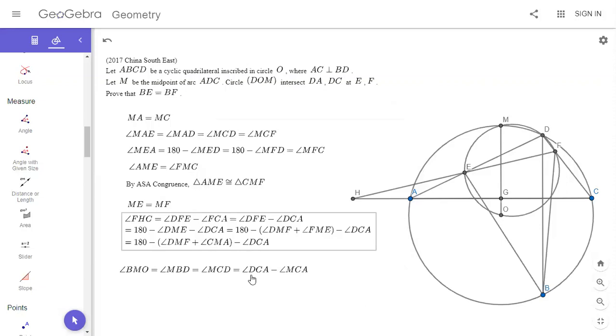So twice angle DCA is arc DA. So we have CMA.